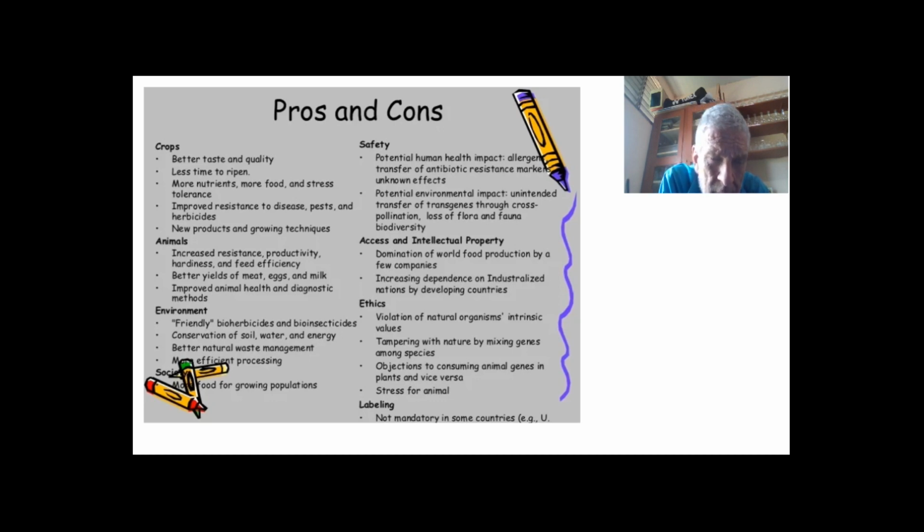For animals, we have increased resistance to diseases and so on, increased productivity, hardiness, and feed efficiency. And of course, better yields of meat, eggs, and milk.